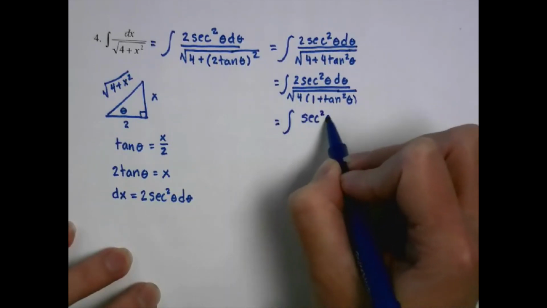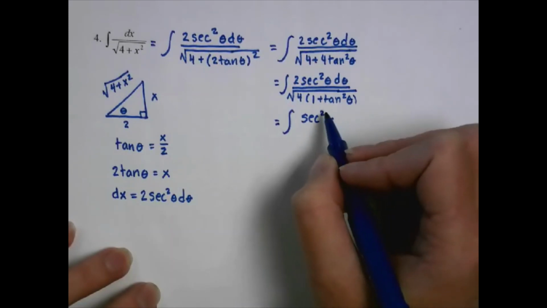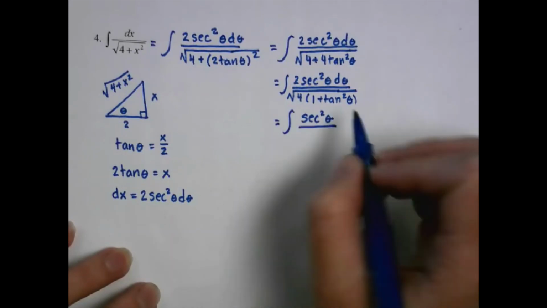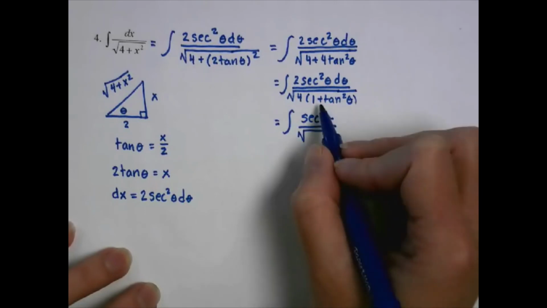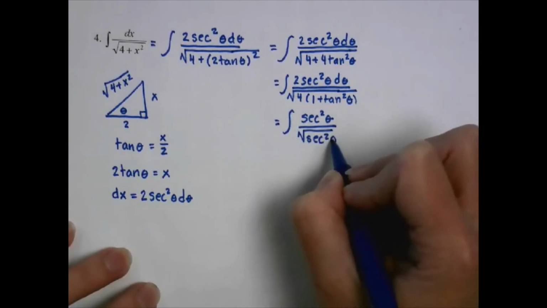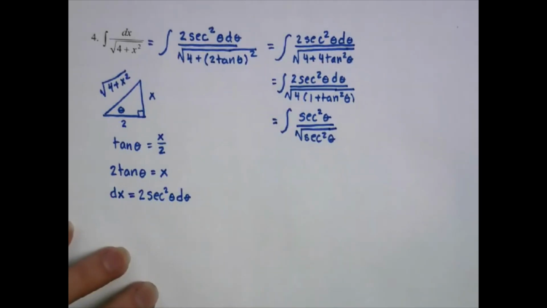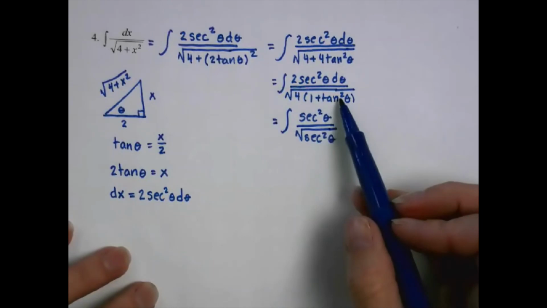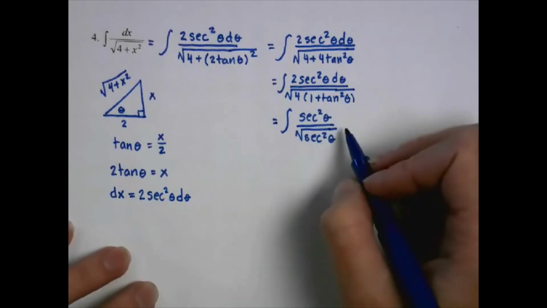So we're going to have secant squared theta over the square root of 1 plus tangent squared theta, which is secant squared. And remember, that comes from sine squared plus cosine squared equals 1. Dividing all of those by cosine squared means we have 1 plus tangent squared equals secant squared.